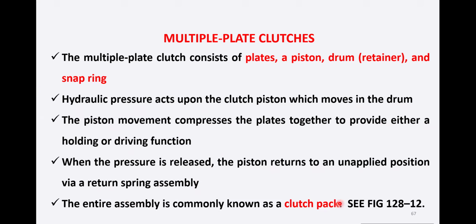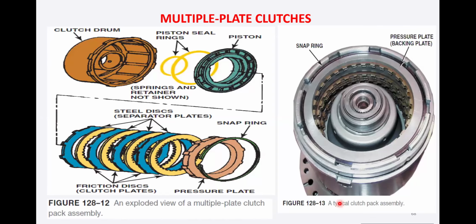So let's see this multiple plate clutch. We have this clutch drum here. Then we have the piston seal rings here, this yellow one. And then we have this piston arrangement. And then we have the spring and retainer, not shown here. Then we have these plates here. There are two types of plates.